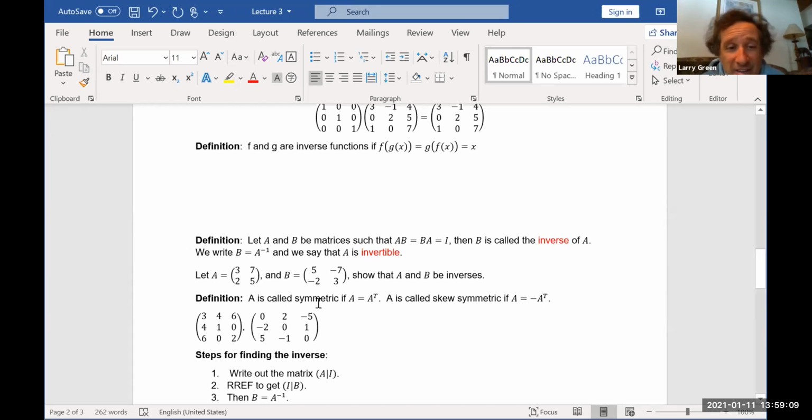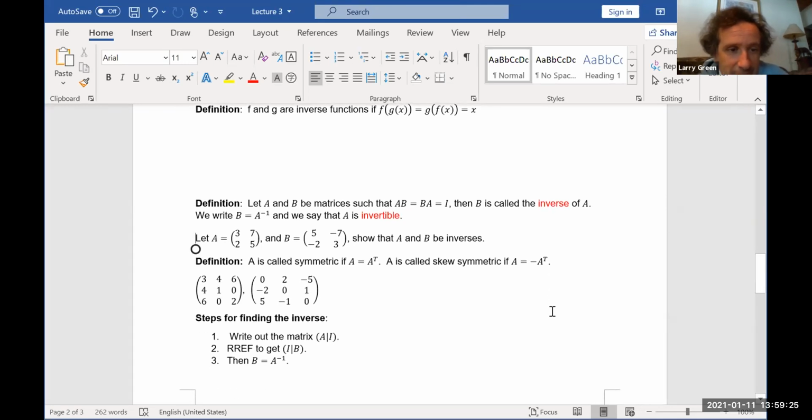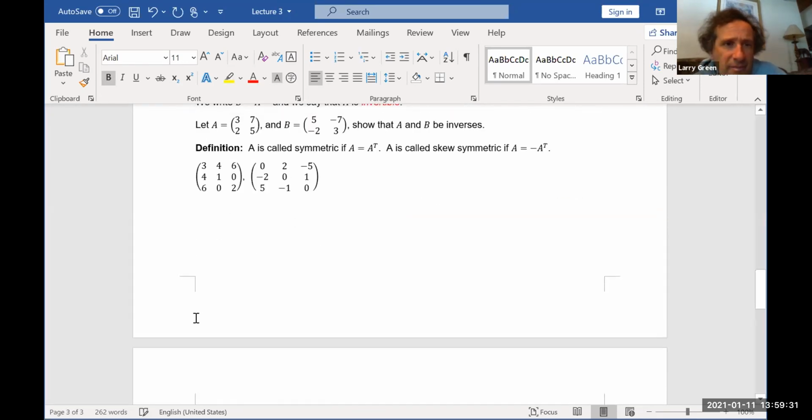A matrix A is called symmetric if A equals A transpose. And it's called skew symmetric if A equals negative A transpose. So let's take a look. All right, here's a couple matrices.